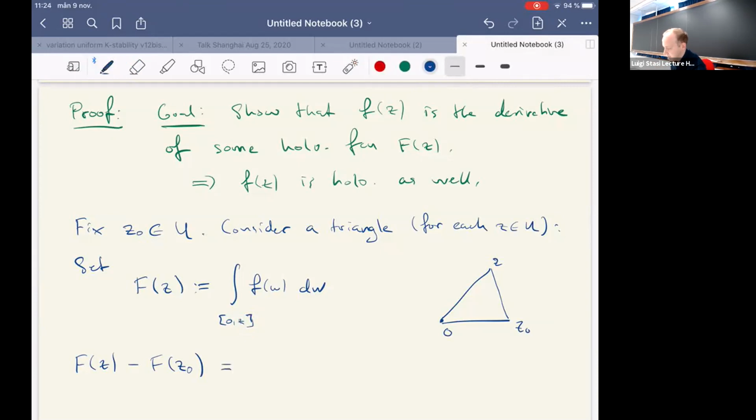So F of z minus F of z0 is equal to the integral from z0 to z of f of w dw. And why is that? Okay, let's see if someone can answer this question.